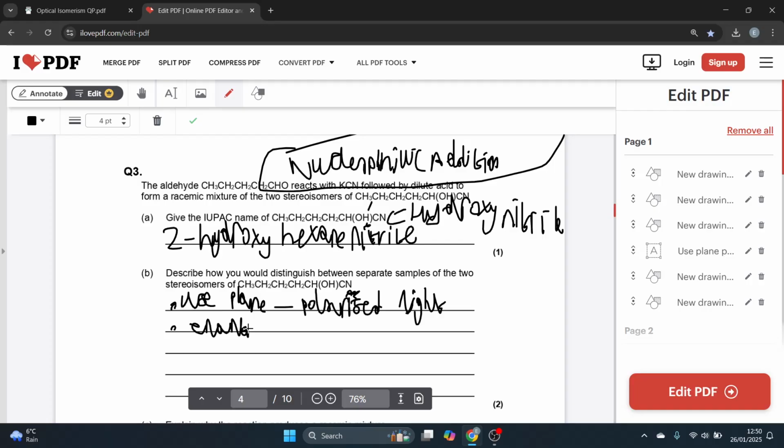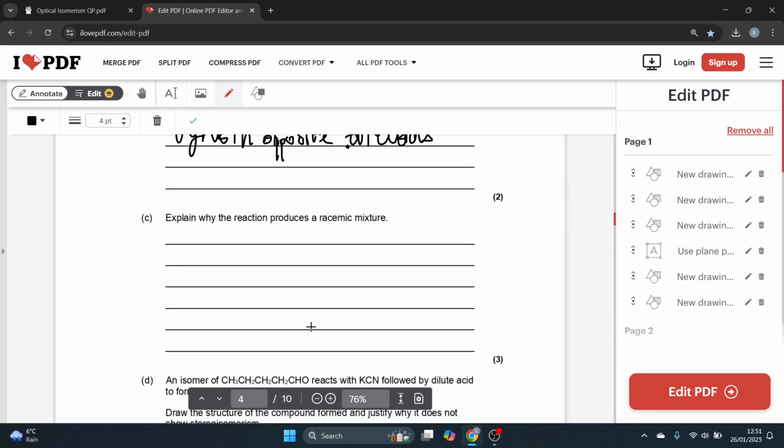Use plane polarized light, enantiomers will rotate light in opposite directions. Explain why the reaction produces a racemic mixture, 3 marks.